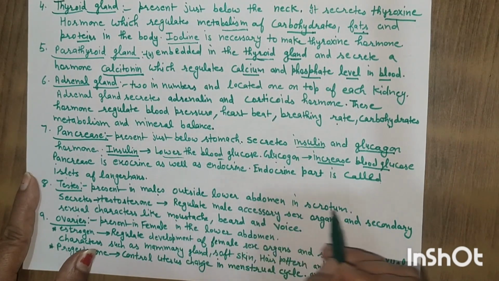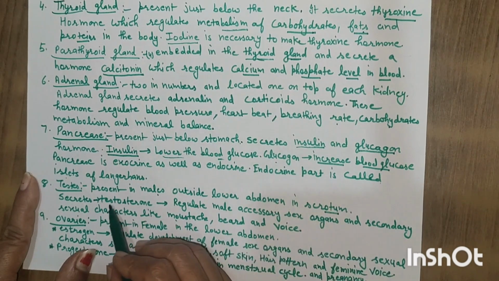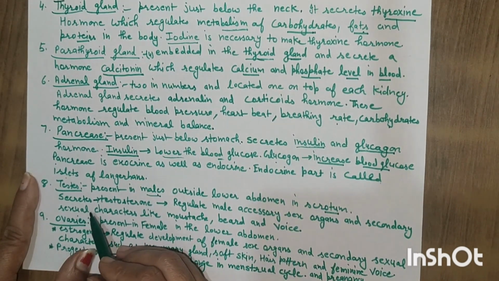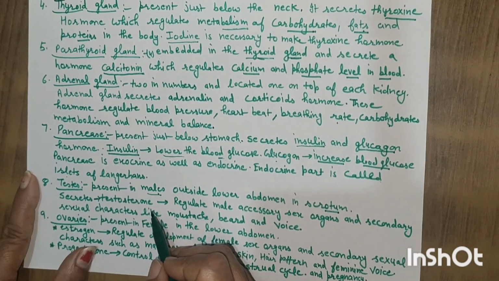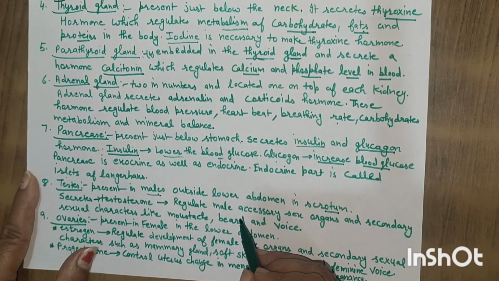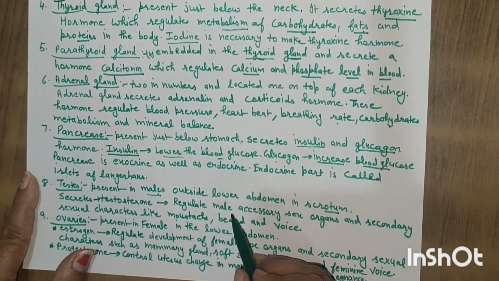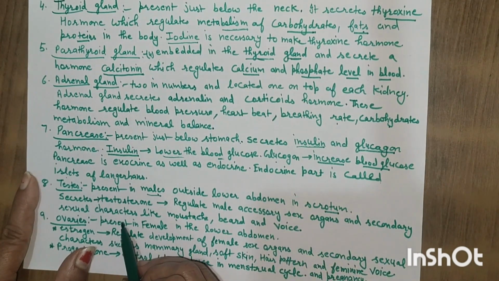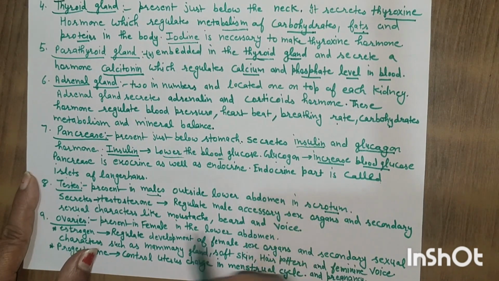Testes. Testes are present in the male outside the lower abdomen in the scrotum. Testes secrete the hormone testosterone. They regulate the formation of the male accessory sex organs and secondary sexual characters like mustache, beard, and voice.